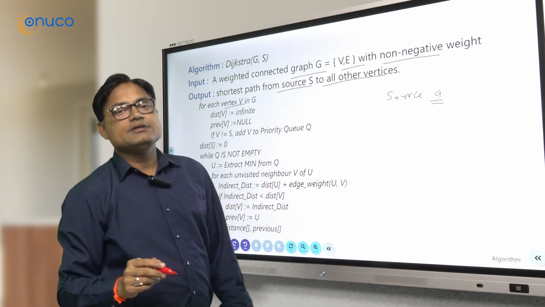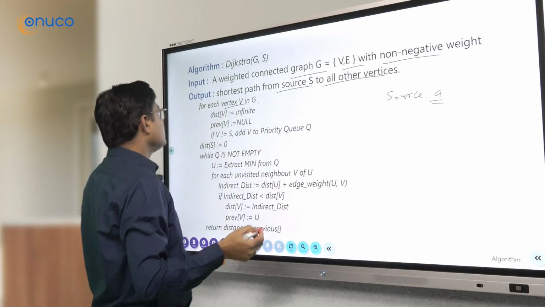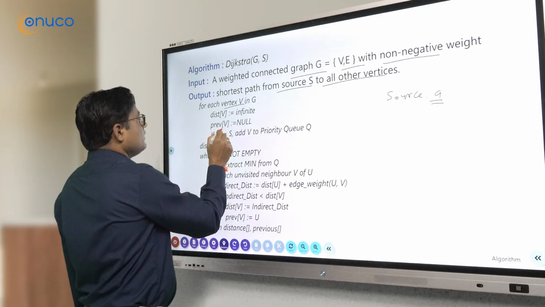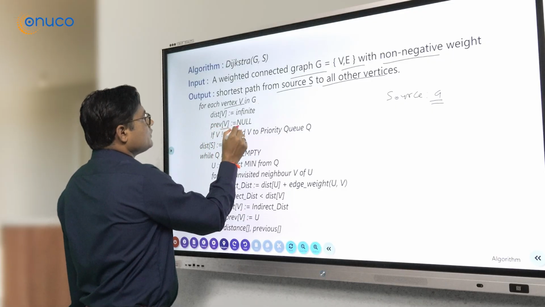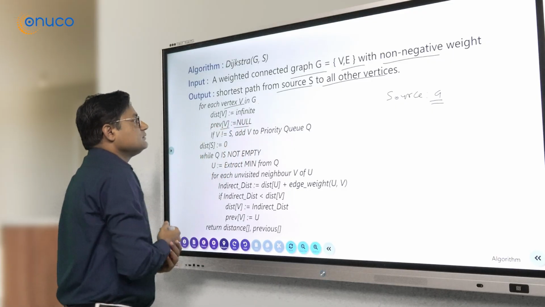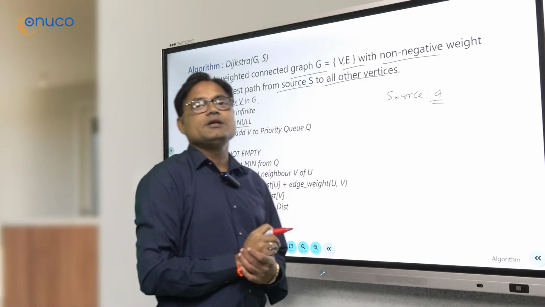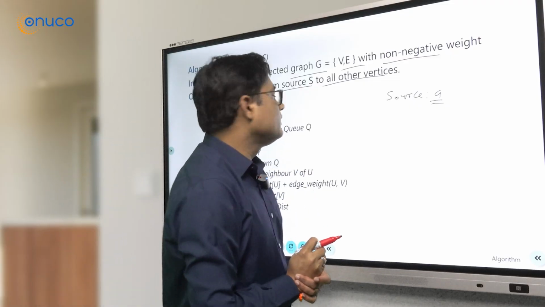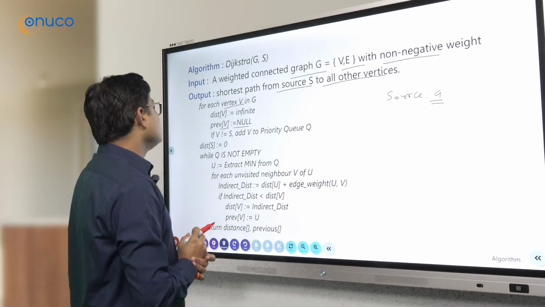It means initially we have considered all the vertices as infinite, and previous V is equal to null. Just we have taken these 2 points. Initially we don't have any vertex, right? We have considered it as null.